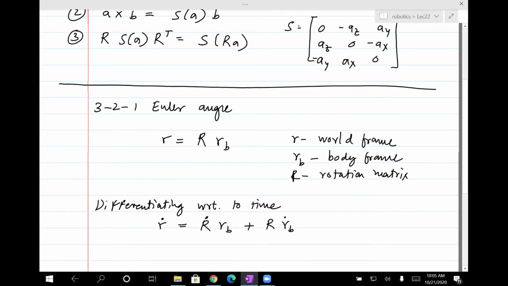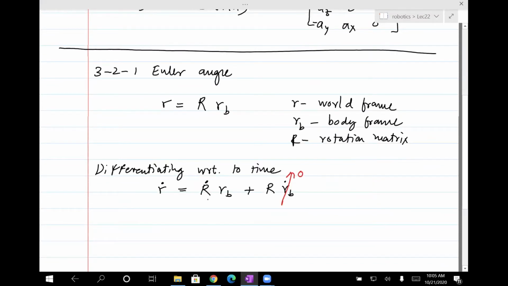That's simply the chain rule. But since rb does not change with time because it's fixed in the body frame, that term is actually 0. So we have small r dot equals capital R dot times rb.